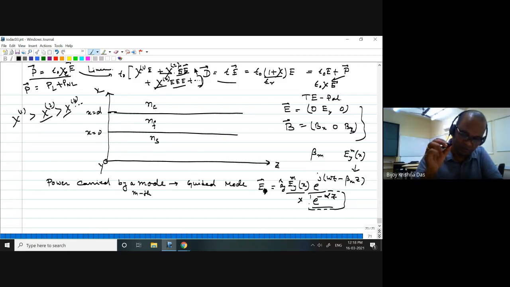Nonlinearity has to be considered, but for the moment we will ignore those nonlinear things. In principle, if we ignore nonlinearity, that means chi 2, chi 3, everything is ideally 0. In that case, theoretically, I don't have any limit on how much power I can load into a mode.